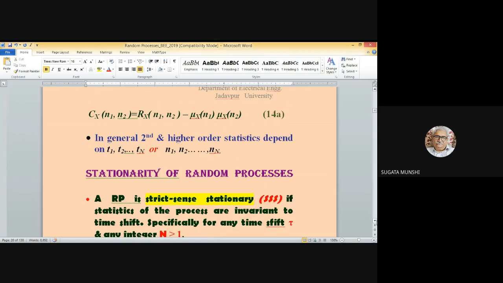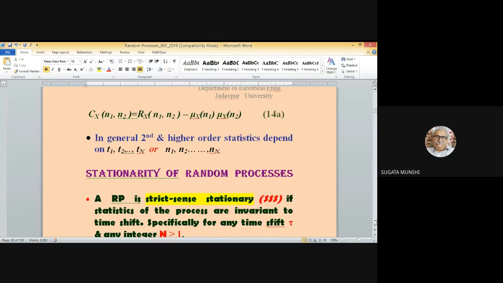Now I am trying to address the problem that I pointed out, that this characterization of a random process by statistical properties appears to be an impossible task. Therefore, we bring in what is known as the stationarity of random processes.